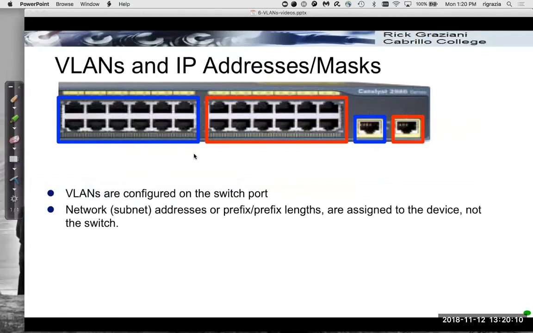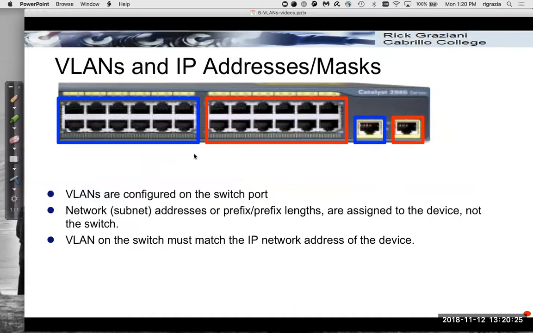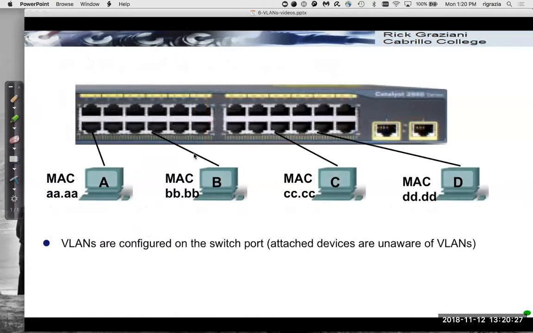VLANs are configured on the switch port. Again, devices are assigned network addresses, and we learned how that's done with IPv4 and IPv6. The VLAN on the switch must match the IP network address of the device. So I said VLANs are configured on the switch port.